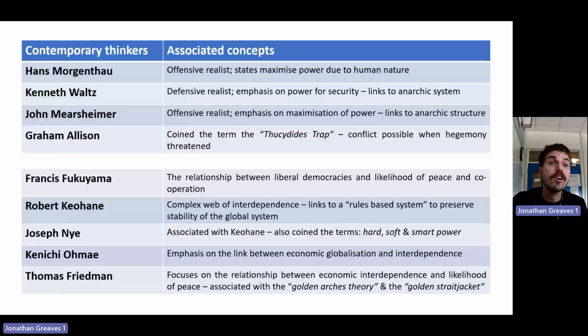You also have to have contemporary thinkers. And at the top, we have some realist contemporary thinkers, and at the bottom, we have some liberals. If you are struggling for contemporary thinkers, stick with Mearsheimer and stick with Robert Keohane. They are the most general of the 2. Mearsheimer, emphasis on the maximization of power.